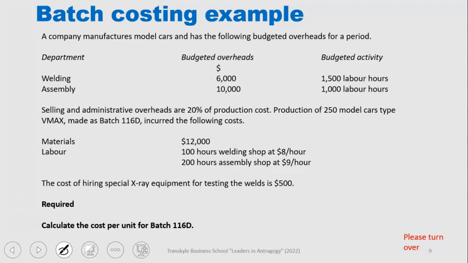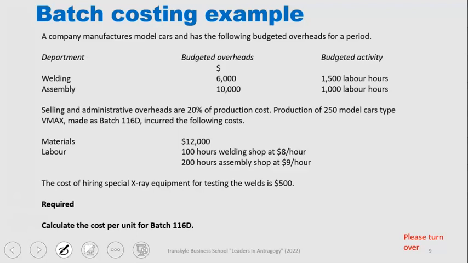We've got welding, of which the budgeted overhead was 6,000 and the budgeted activity was 1,500 labor hours. Then assembly, the total overhead was $10,000, and the labor hours were 1,000.